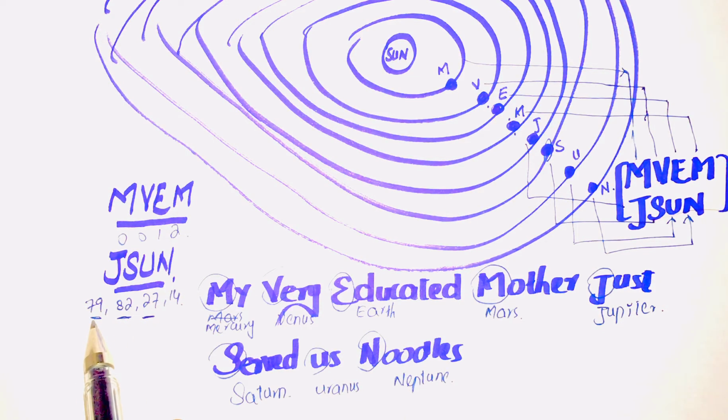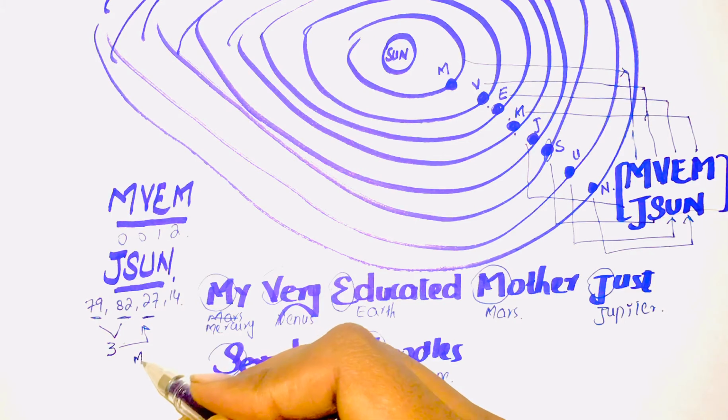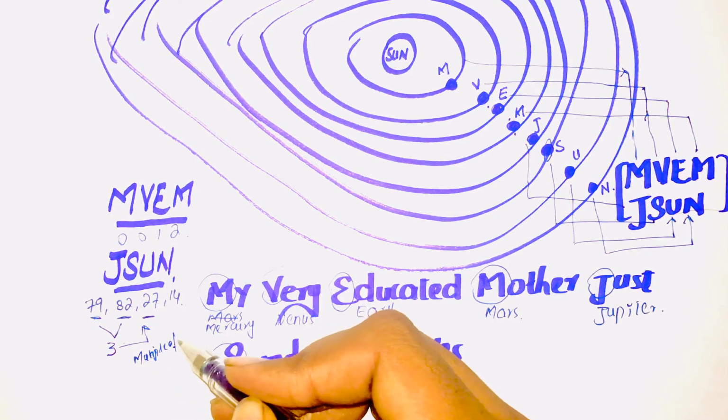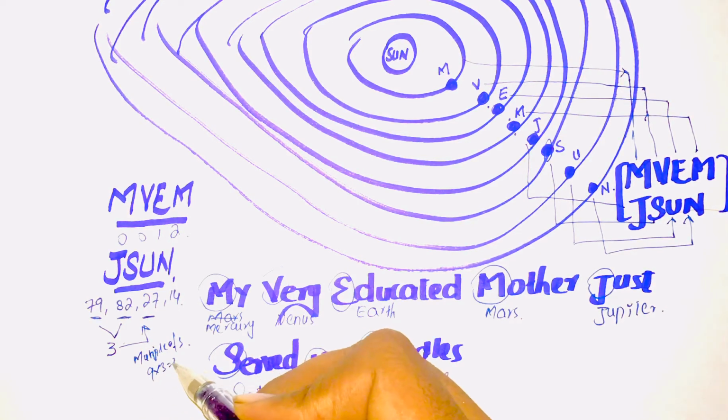First two come after a difference of 3, and the next one is a multiple of 3. 27 is a multiple of 3. Nine into 3 is equal to 27.